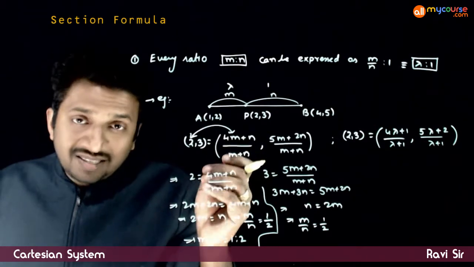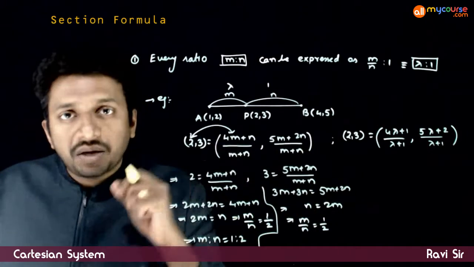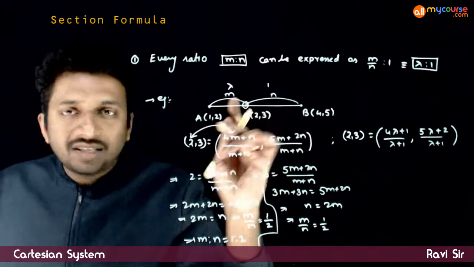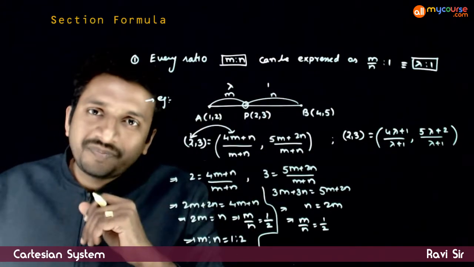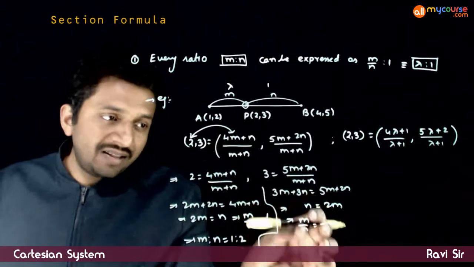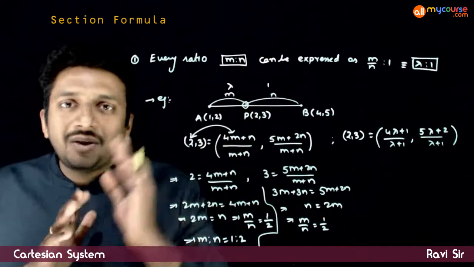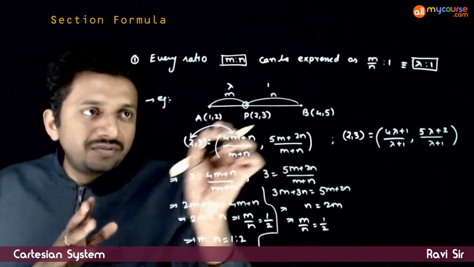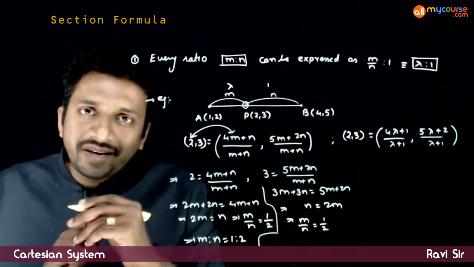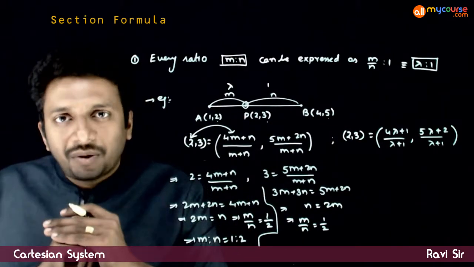If you get the same m/n from the x coordinates as well as the y coordinates, that means this point actually lies on the line segment AB. If you get one ratio from the x coordinates and another ratio from the y coordinates, the point does not lie on this line.